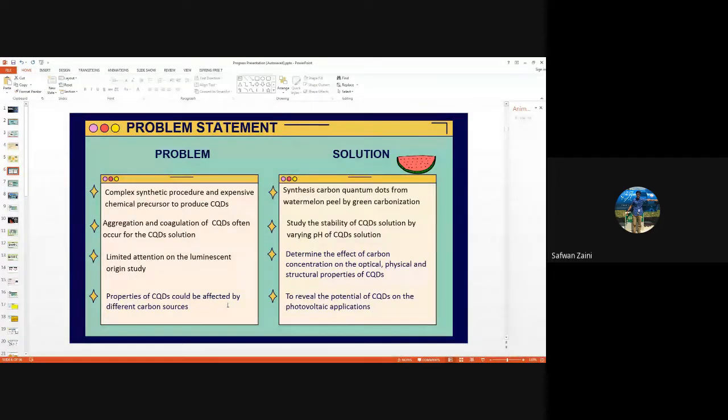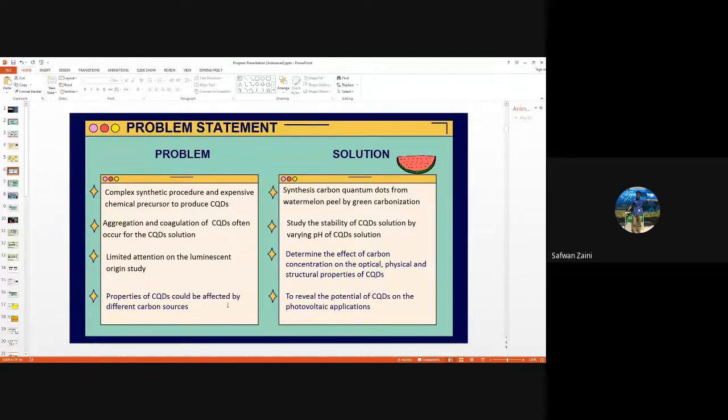As for the problem statement, first, previously, producing a carbon quantum dot required a complex synthetic procedure and expensive chemical precursors. So the solution we propose is to use the green carbonization method to produce carbon quantum dots from watermelon peels.